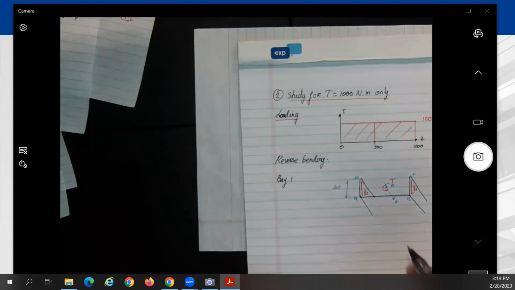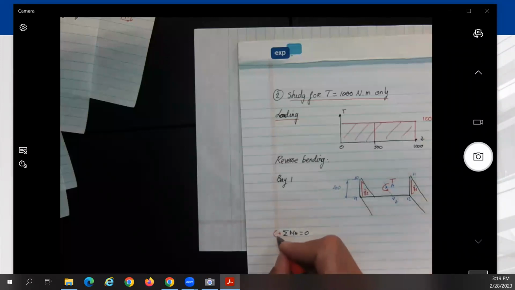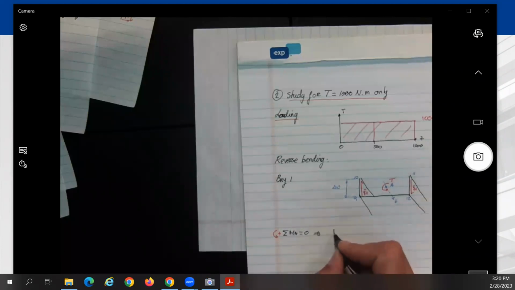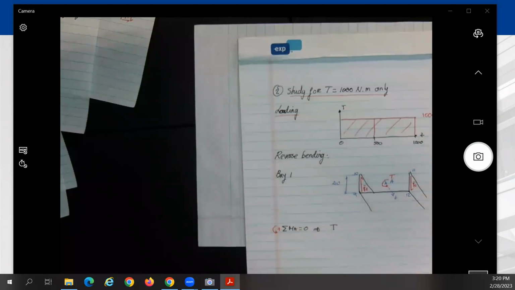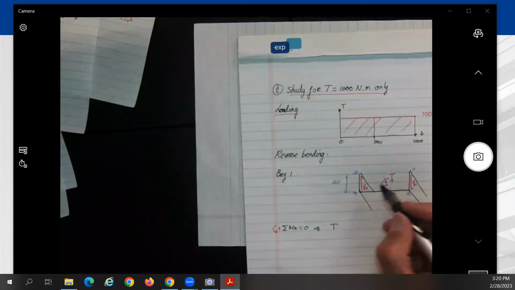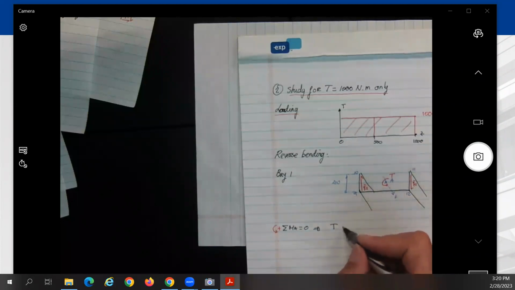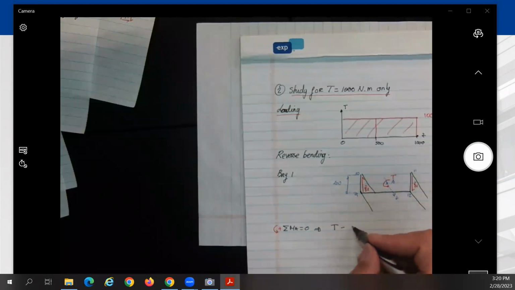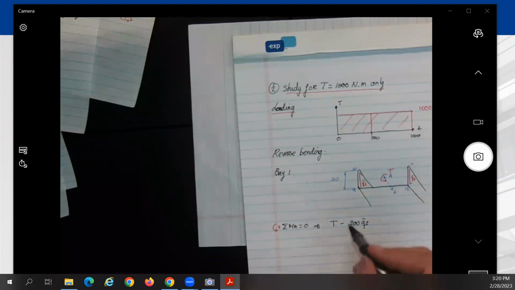So if I do it this way, now we do what? Summation of moments about point A, or the summation of the torque, okay? It will be equal to what? T. Then this 200 over here is going to create a clockwise moment, no? Of what? 200 Q bar 2, the value of the force.